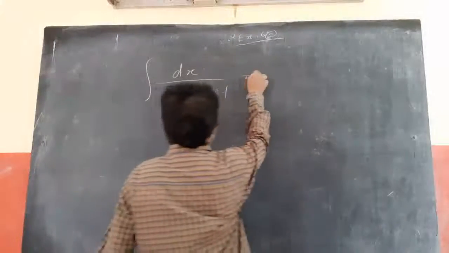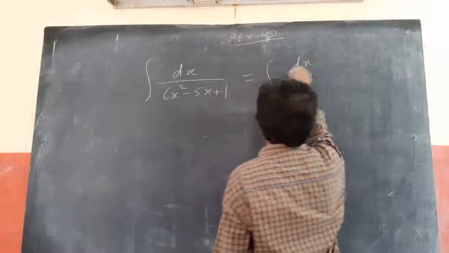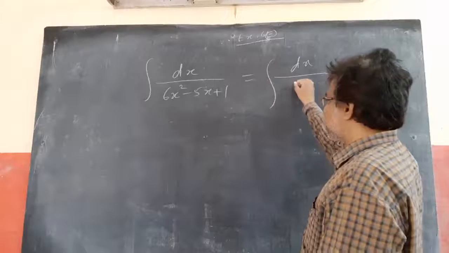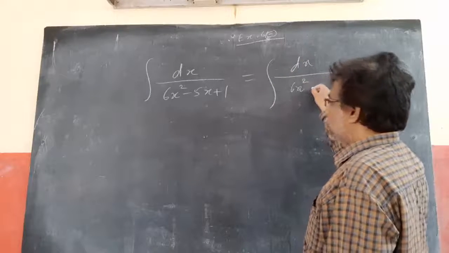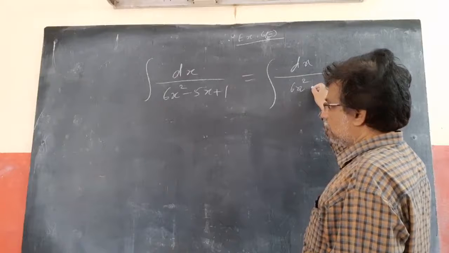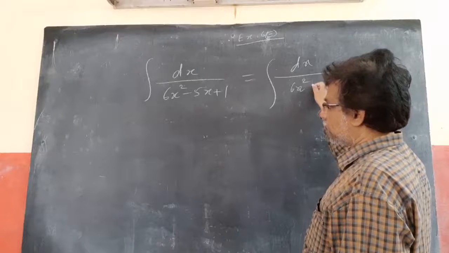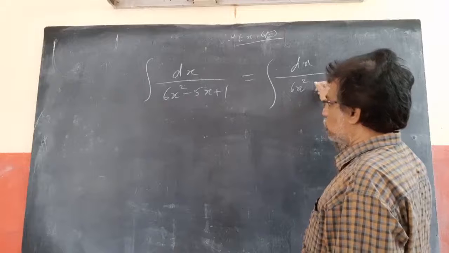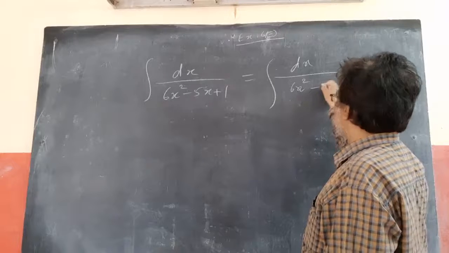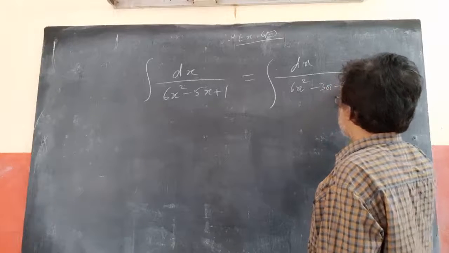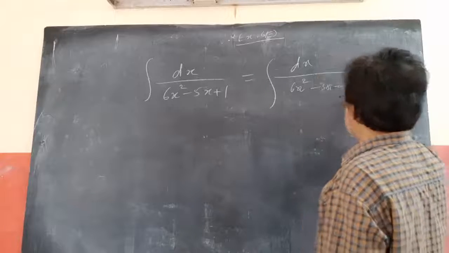So what I want to write is the integral of dx by, splitting the middle term, 6x square minus 3x minus 2x plus 1. Minus 3 into minus 2 is 6, and minus 3 minus 2 is minus 5, 100% right.